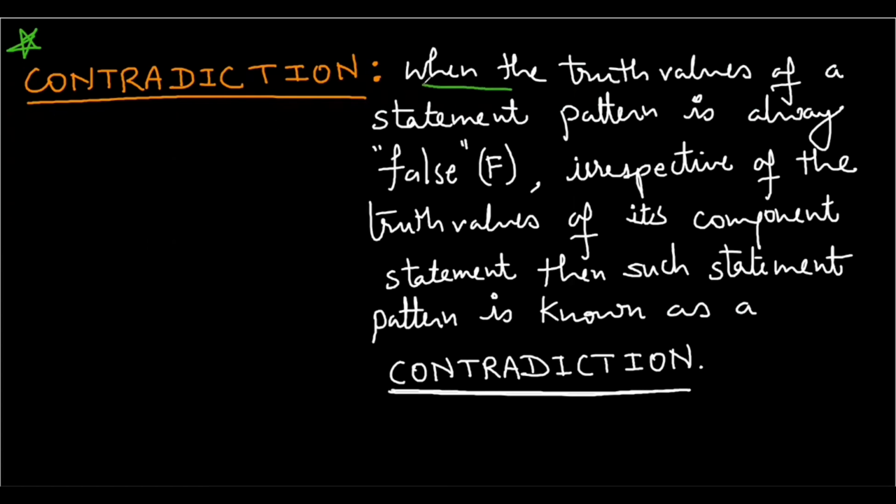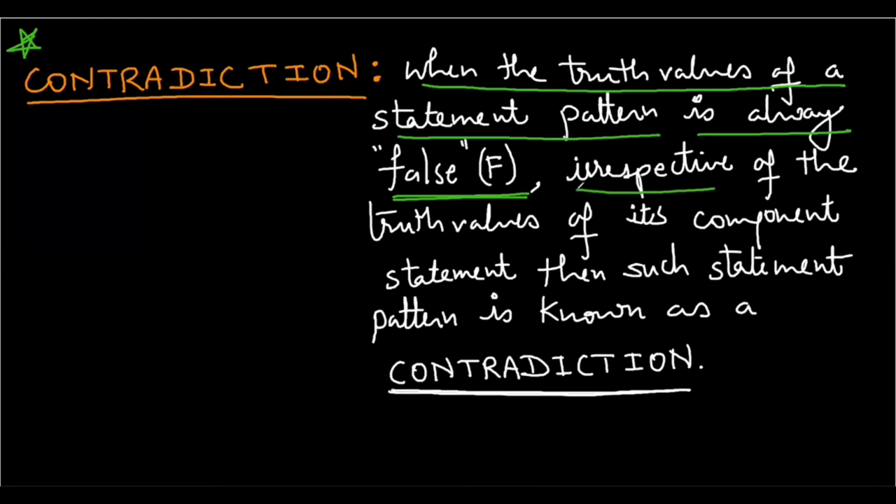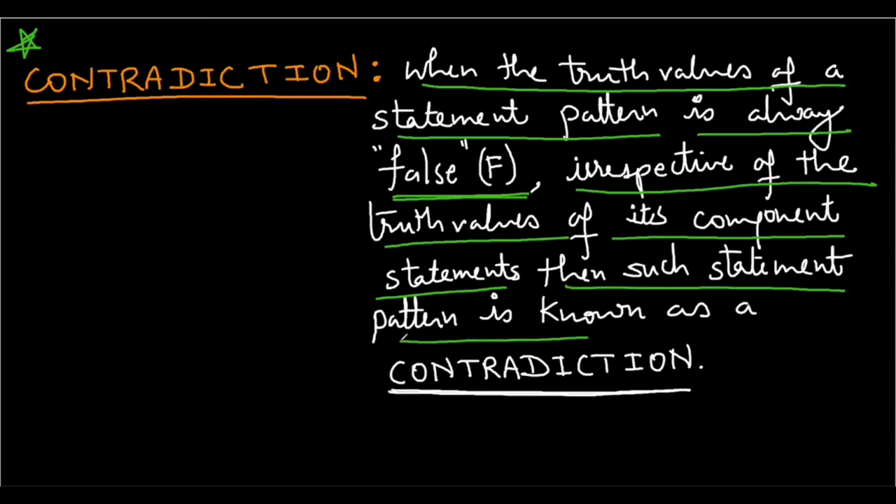When the truth value of a statement pattern is always false, irrespective of the truth values of its component statements, then such a statement pattern is known as a contradiction.